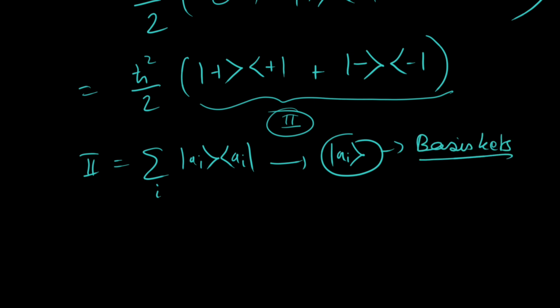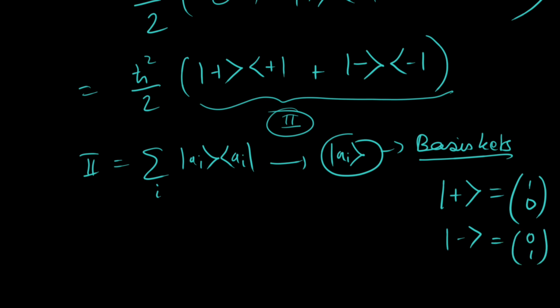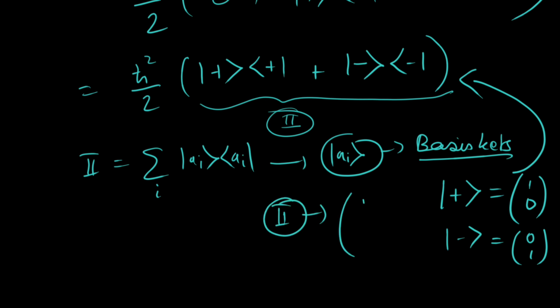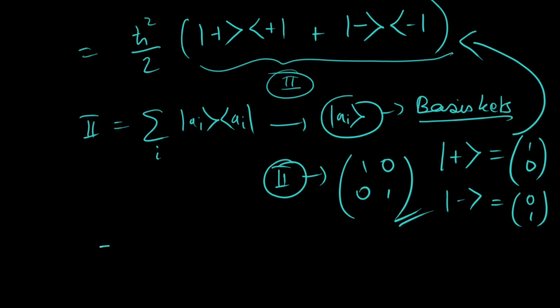If that is not clear, then you can take the plus to be 1 0 and minus to be 0 1, and then you can solve for this expression. You'll find that you'll get the identity matrix, that is 1 0 0 1. So I can just write this expression to be h bar squared by 2.